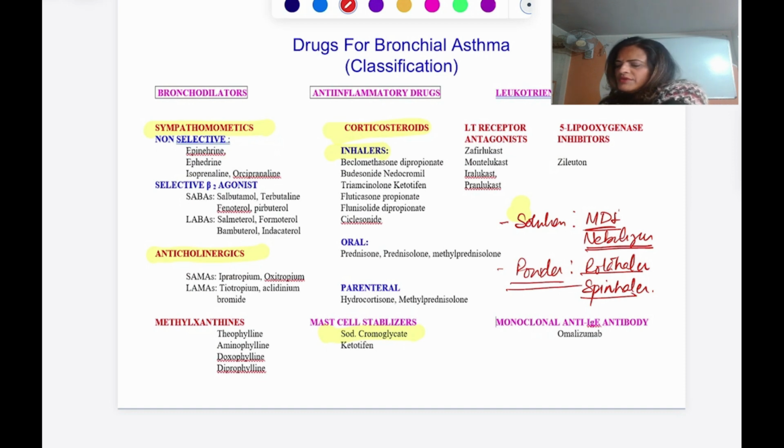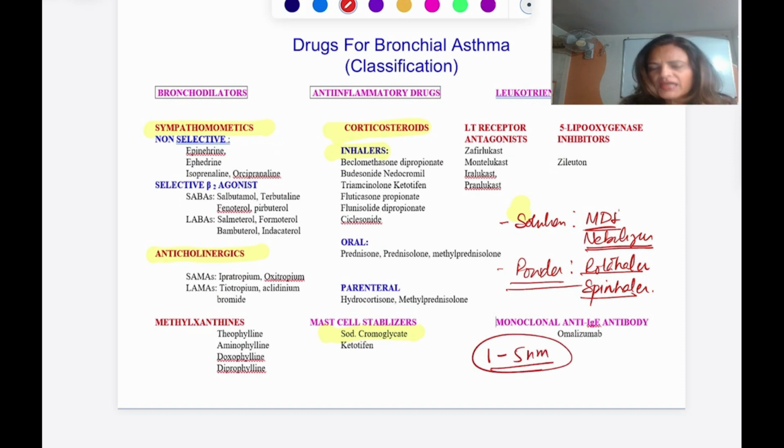Now, most of the drugs which we give by the inhalational route, as I have already told, particles of size 1 to 5 micrometers will be deposited on the bronchioles, from where the active drug reaches the bronchioles and is available for action.